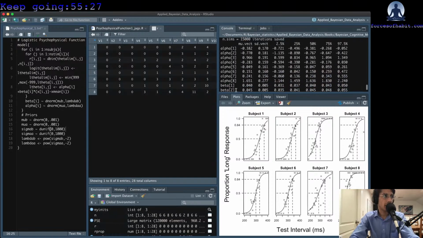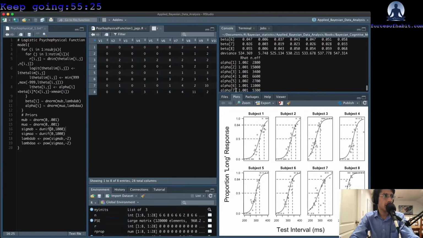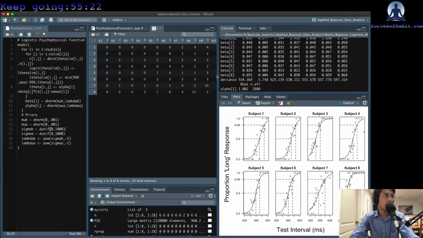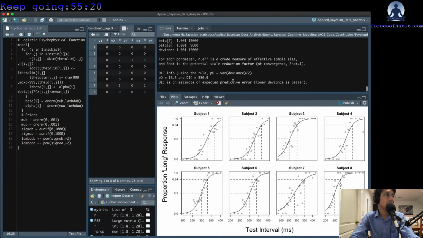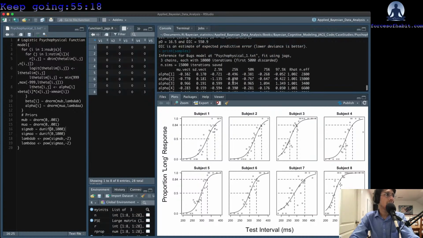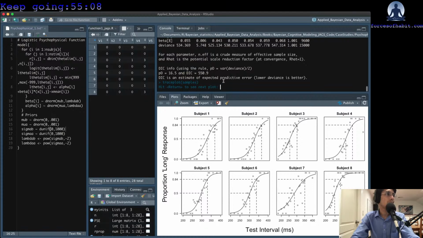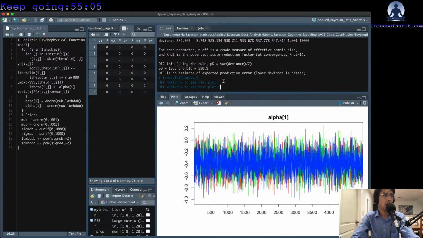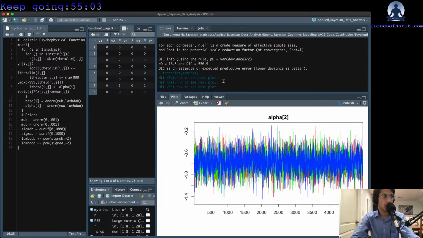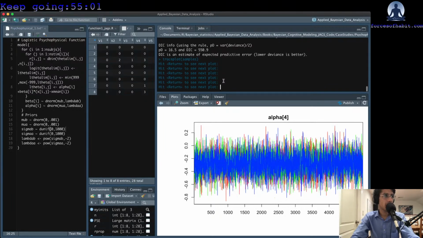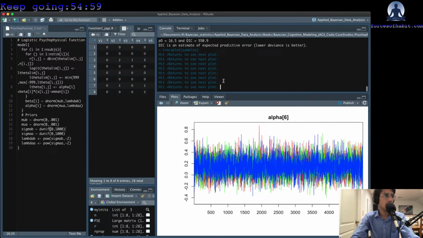So what we get out of it is alpha, betas for each of the subjects. And the chains look pretty mixed. Nice.